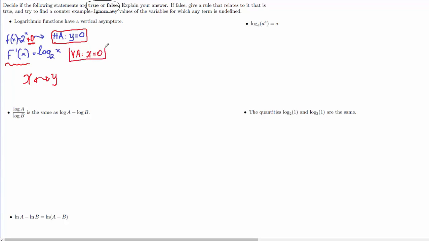What does this tell us? This tells us that since every exponential function has a horizontal asymptote, then every logarithmic function has a vertical asymptote. So the answer here is yes. Also, we may remember that in general, the graph of the log of x for any base a is going to look like this.